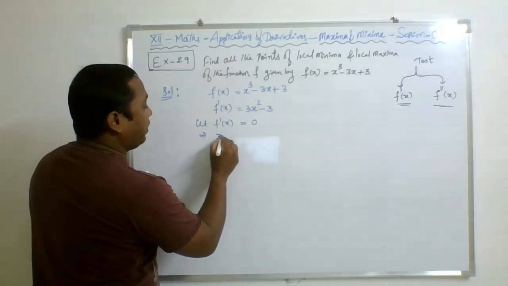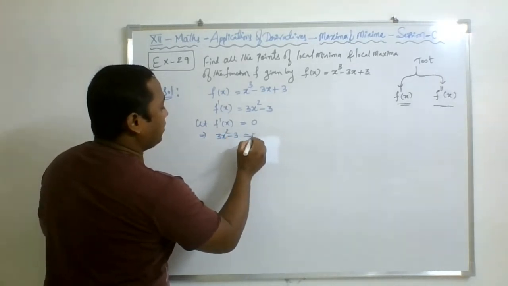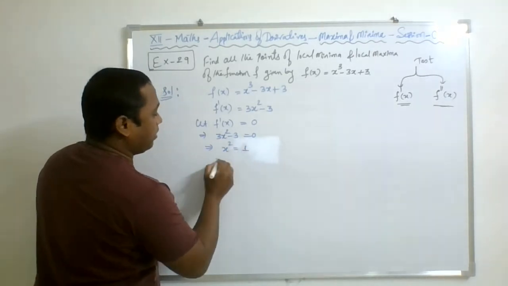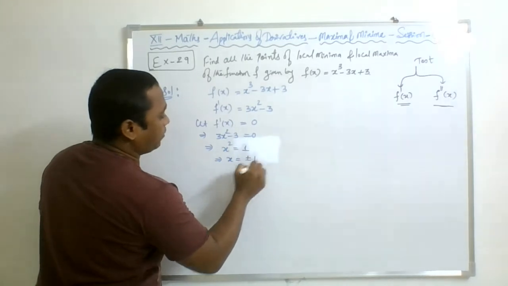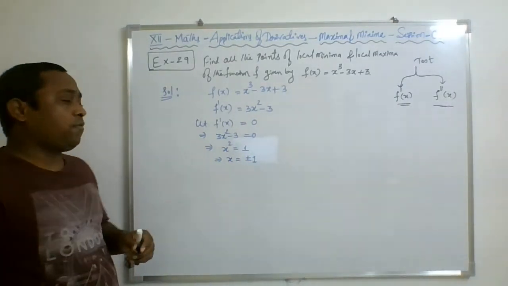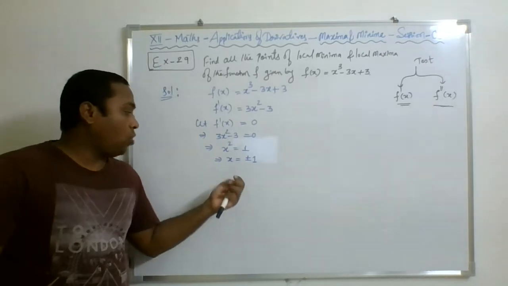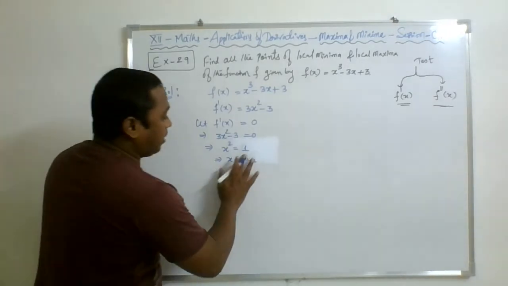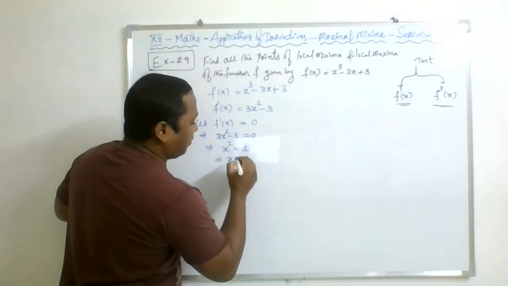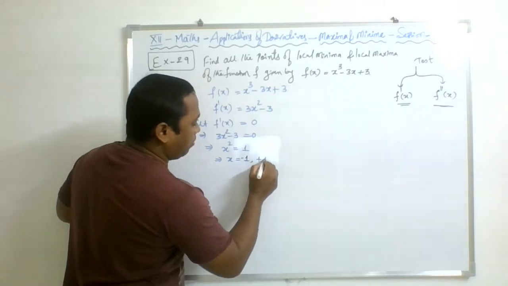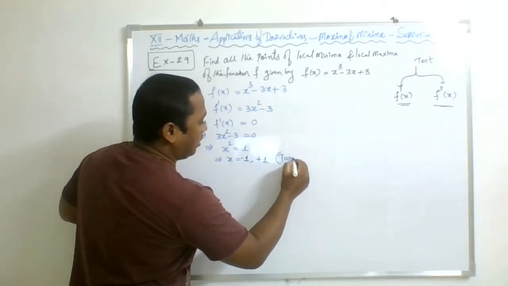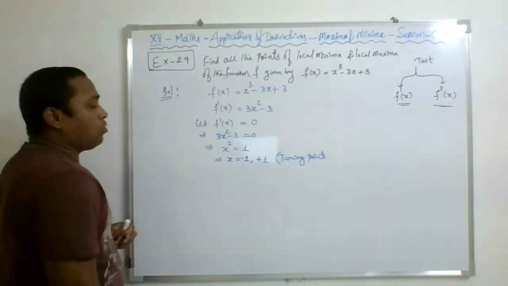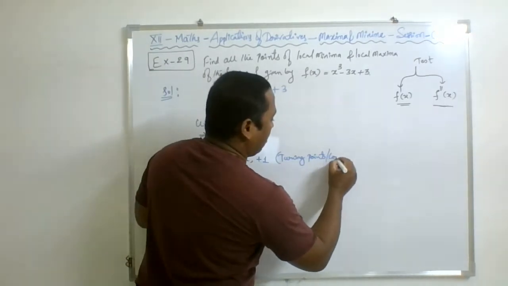So 3x square minus 3 equals 0, so x square is equal to 1, so x is equal to plus minus 1. Finally we got two turning points, plus 1 and minus 1, which we call turning points, or you may also term them critical points.